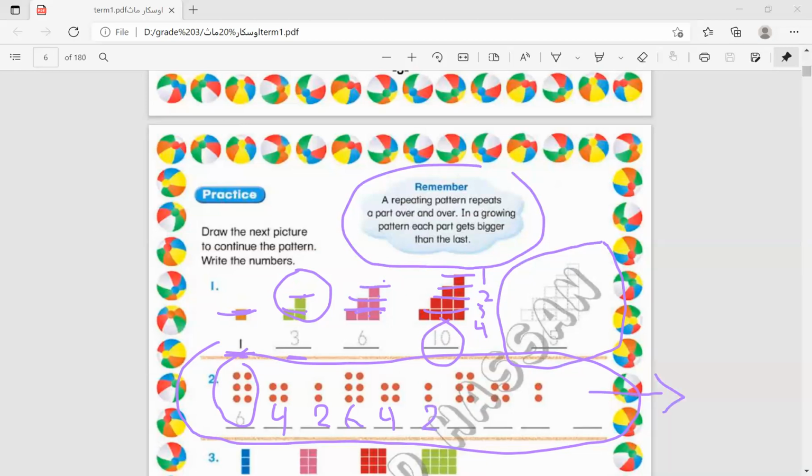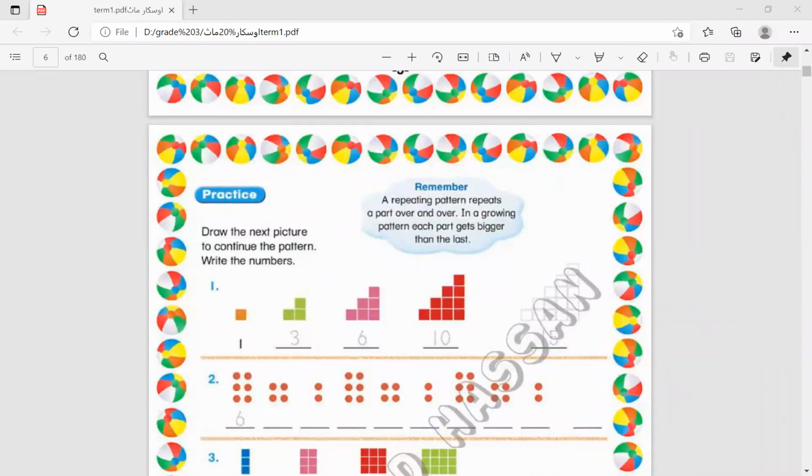Complete by yourself. كمل بنفسك and see if it is a repeating or a growing pattern, and if it is a repeating pattern, what is the repeating unit? ايه هي وحدة النمط اللي بتتكرر هنا؟ Okay, let's move to the next one. Please do your best to solve by yourself. حاول بنفسك انك تحل كل الأسئلة. Always pause the video to answer. دايما وقف الفيديو، ادي نفسك فرصة للتفكير والإجابة.